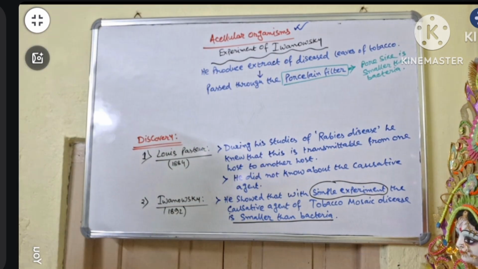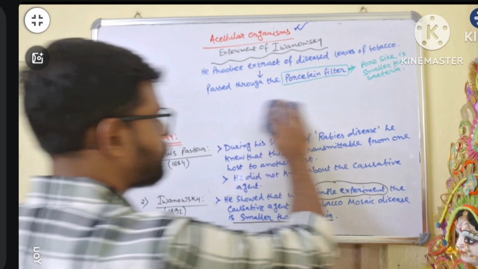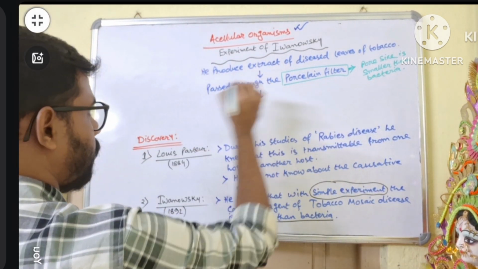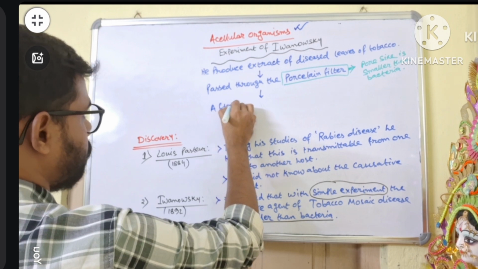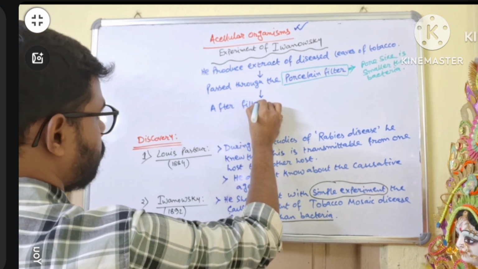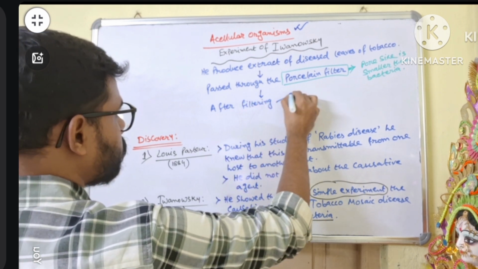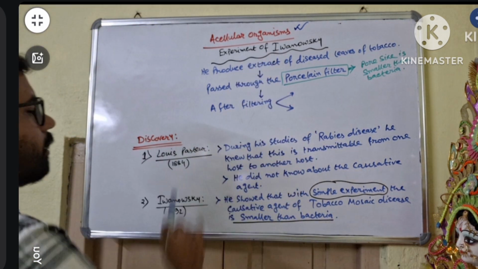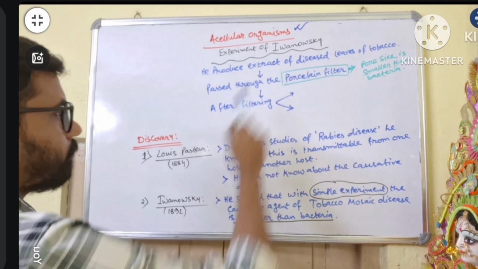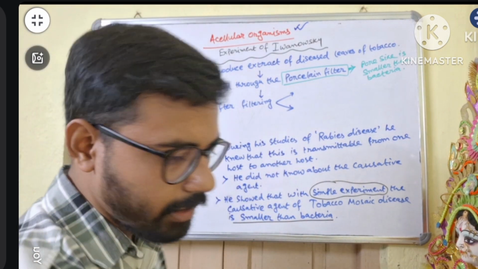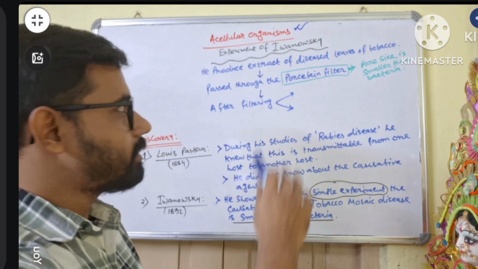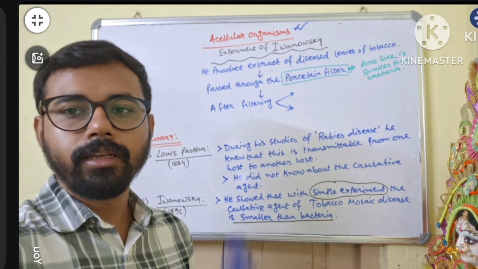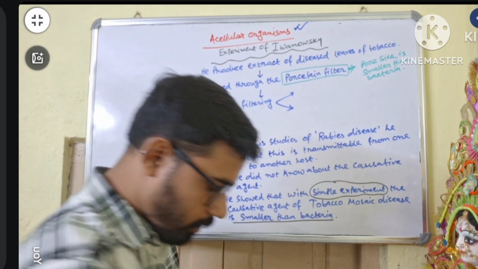So after the extract is passed, after filtering, two things are produced. One is solid and one is liquid. That means after passing through the porcelain filter, some material passes through and some material is retained. Clear?